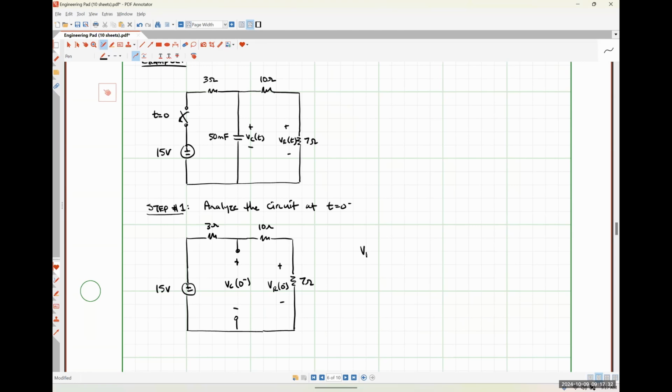So we could say that VR at 0 minus would be 15 volts times 7 ohms over 3 ohms plus 10 ohms plus 7 ohms. So 7 times 15 is 105 over 20 volts. I am aware that that can be simplified. I'm also aware that I'm lazy, so I'm just going to leave it like that.